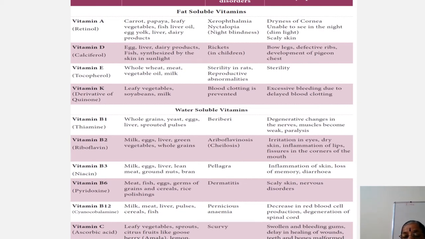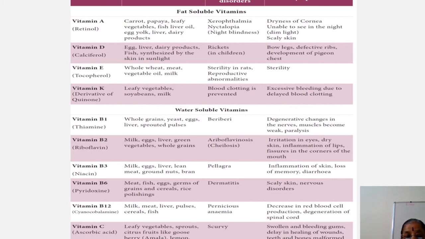I hope you are able to follow this. Vitamin B6, pyridoxine, dermatitis, scaly skin, nervous disorder. Right? And B12, also called cyanocobalamin, causes pernicious anemia.